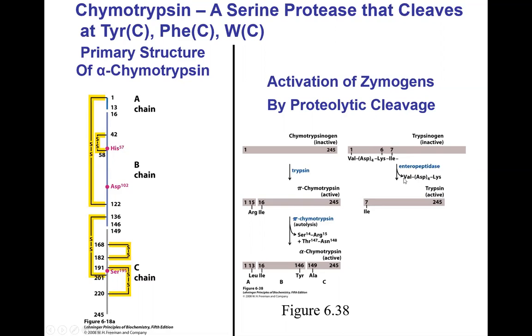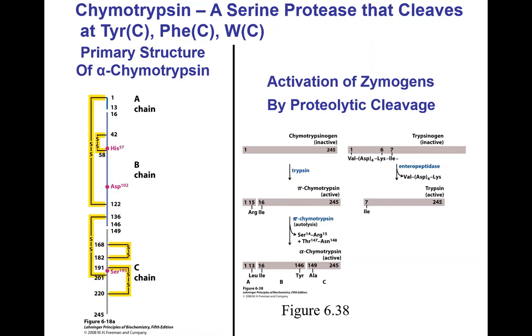That's what they're showing you: valine, aspartate, four of them, and lysine. The active form of trypsin starts from the amino terminus, isoleucine, at the 7th position, and 245 is the C terminus residue. That's the trypsin that is fully active.